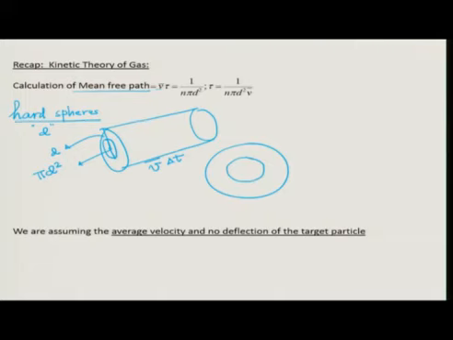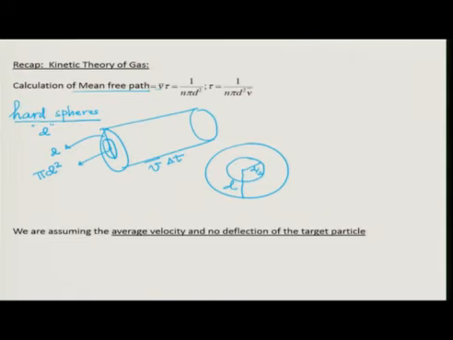This is the top view of this cylinder, if you like. This is the molecular radius d by 2 and this is the radius d of the cylinder I have constructed.